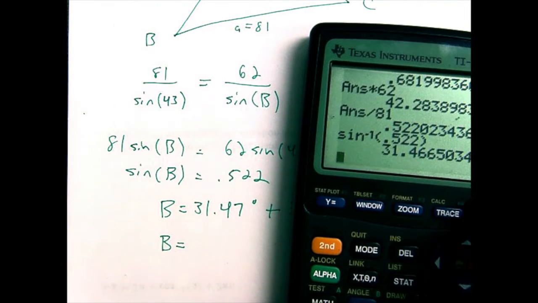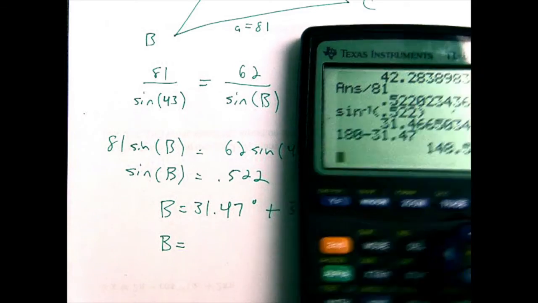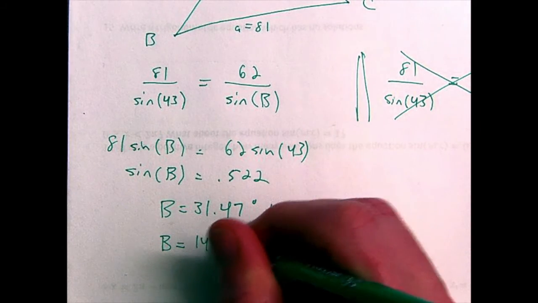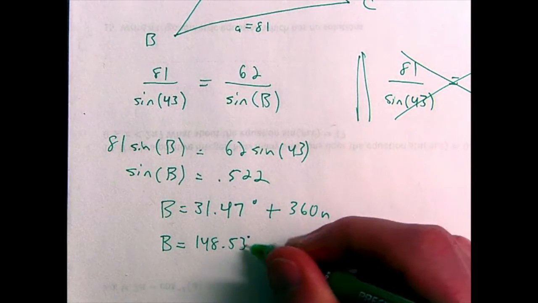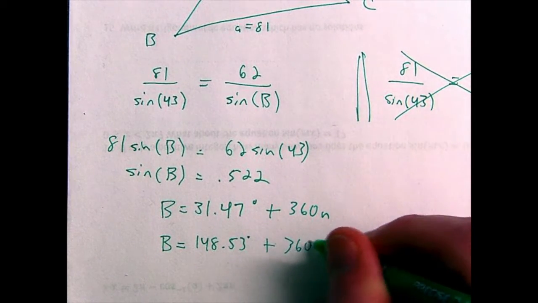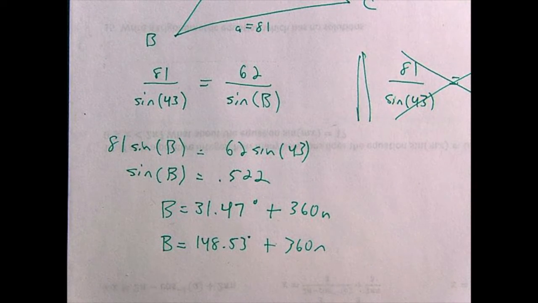So the second base solution will be 180 minus my first base solution, 31.47, which gives 148.53. And technically any angle coterminal with this guy would also be a solution.